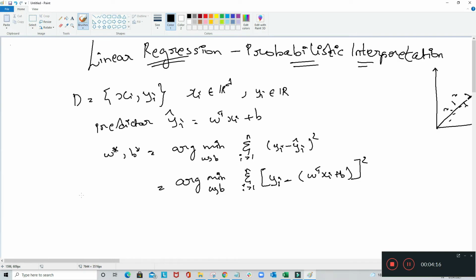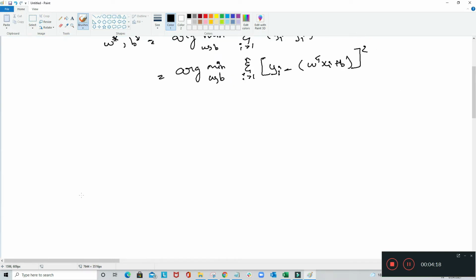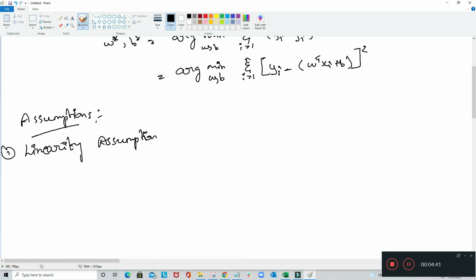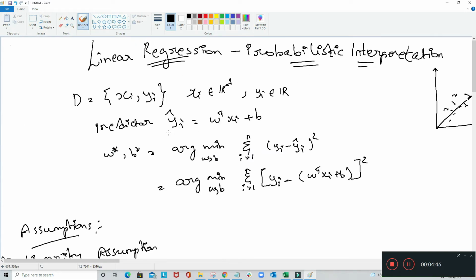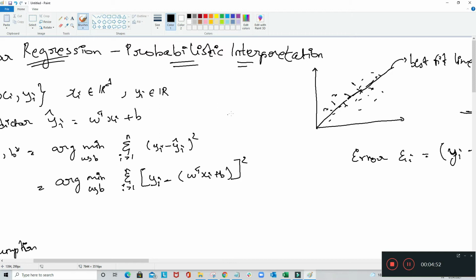To derive the probabilistic interpretation for linear regression, there are some assumptions. The assumptions made by linear regression are: the first one, the linearity assumption. What it means is, as we saw here, we can fit a plane or a line linearly to the data points.